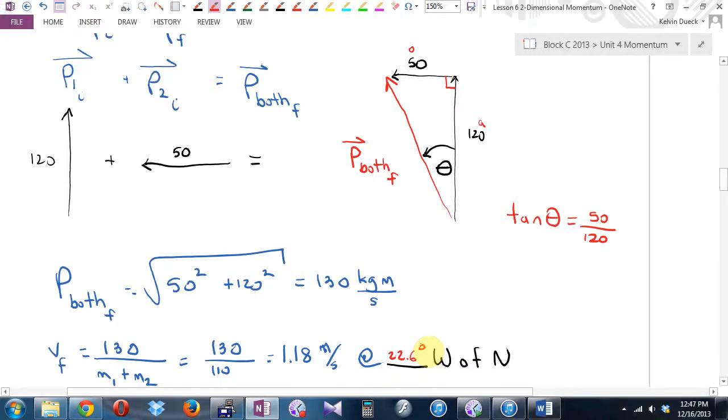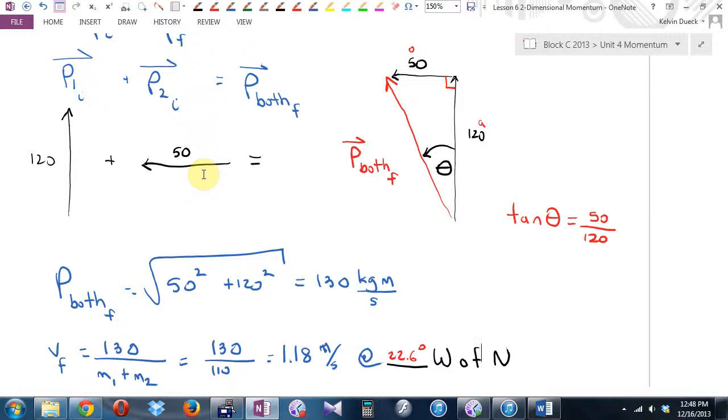Before you turn the page, here's the problem, Nate. I would say about 1/3 of my students, when I give this to them on the written, you're probably going to get 3 of these on your test, they don't notice the angles, and they do it purely as though everything is in a nice straight line. In other words, they add the 120 and the 50, and they divide by the mass. They don't add them vectorially, they just add the numbers.